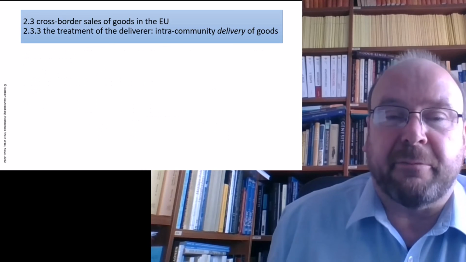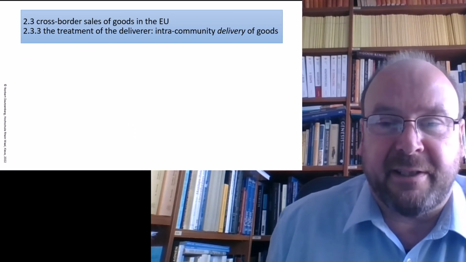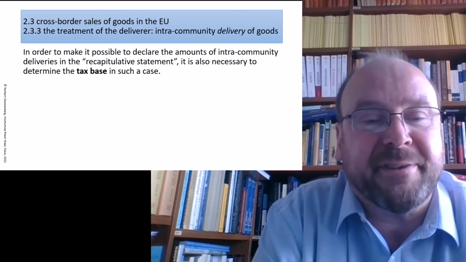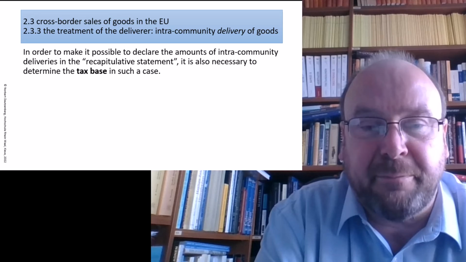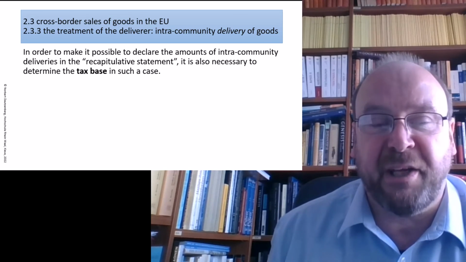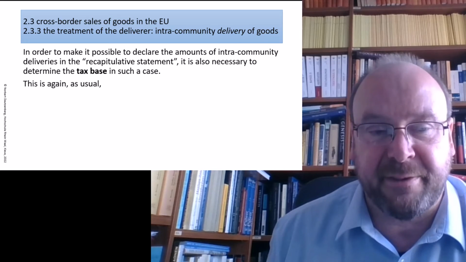Now, naturally, some remaining details. In order to make it possible that you can declare the amounts of intra-community deliveries in the recapitulative statement and in your tax declaration, it is also necessary that you are able to determine the tax base in such a case.